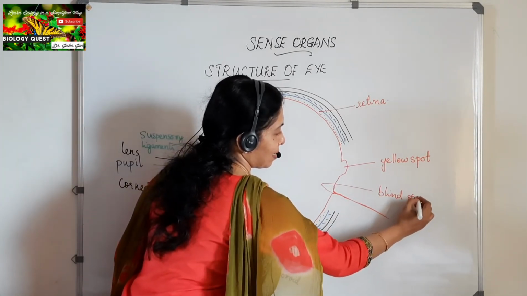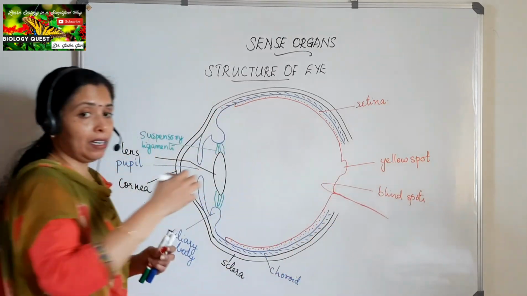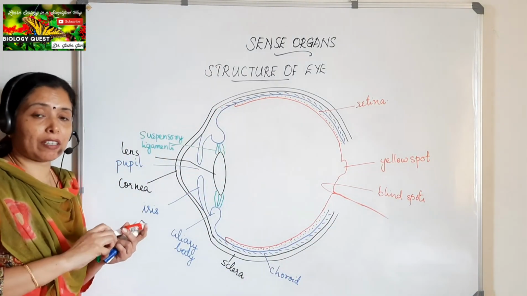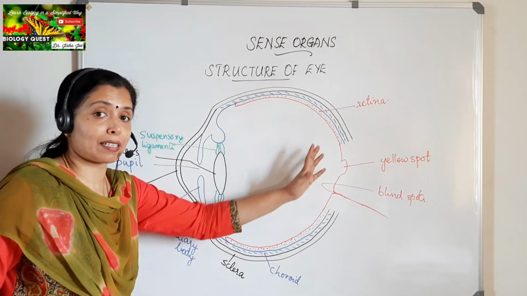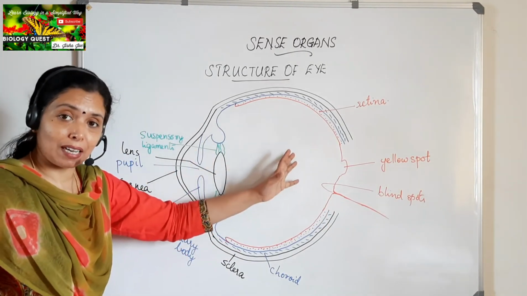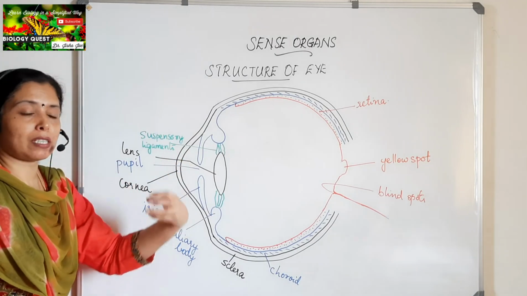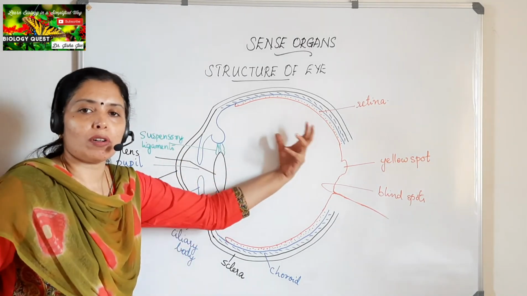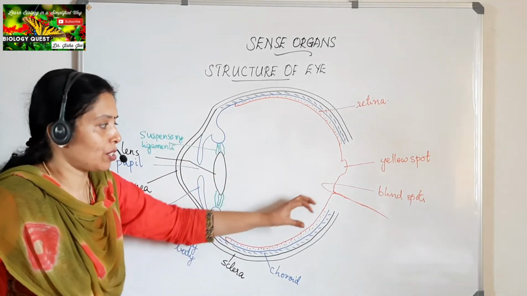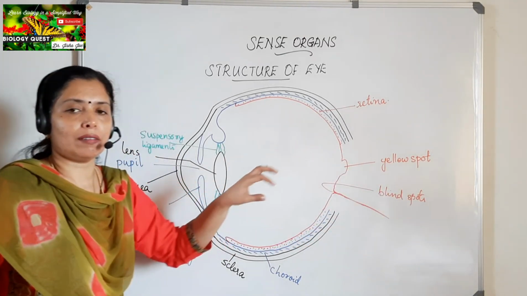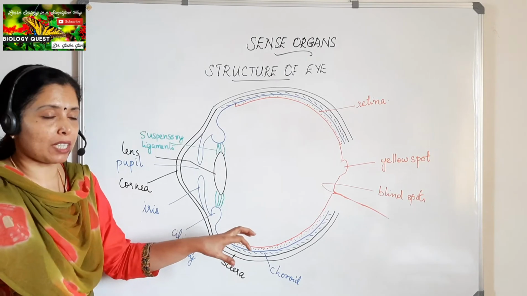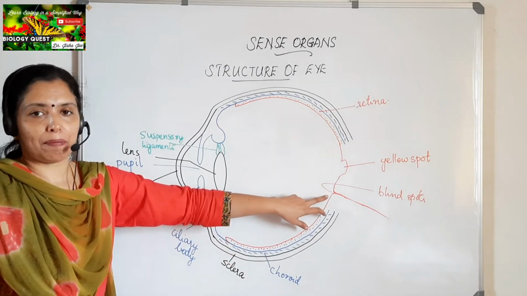There are no sensory cells present here. The nerve fibers from all the sensory cells located on the retina converge and come out of the eye as the optic nerve at this region, the blind spot.